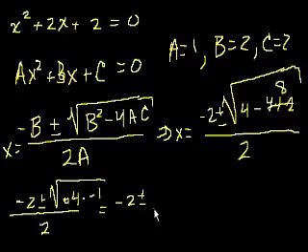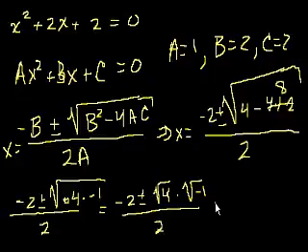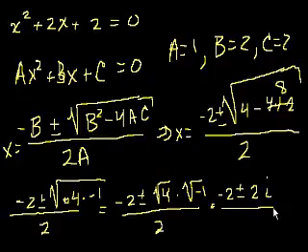So that equals minus 2 plus or minus the square root of 4 times the square root of minus 1, all of that over 2, which is equal to minus 2 plus or minus, square root of 4 is 2, and the plus or minus carries, so it's dealing with positive or negative 2, times the square root of negative 1. Well, we learned that's i. Square root of negative 1 is i. All of that over 2.